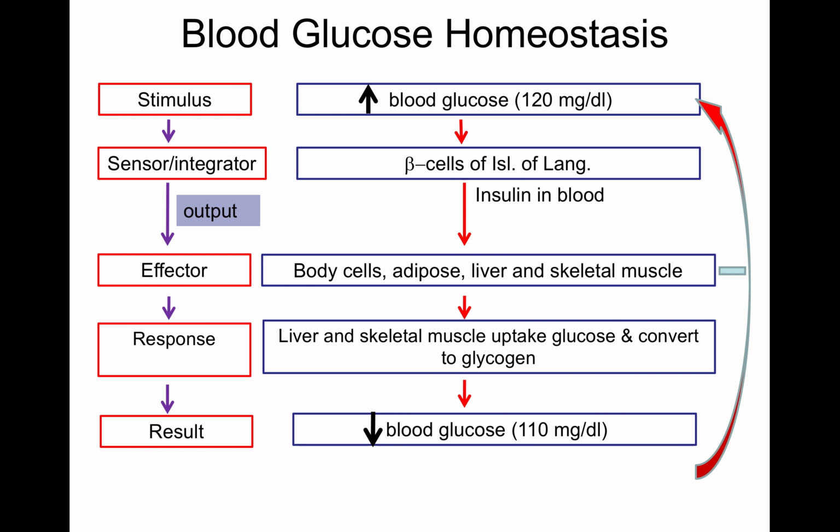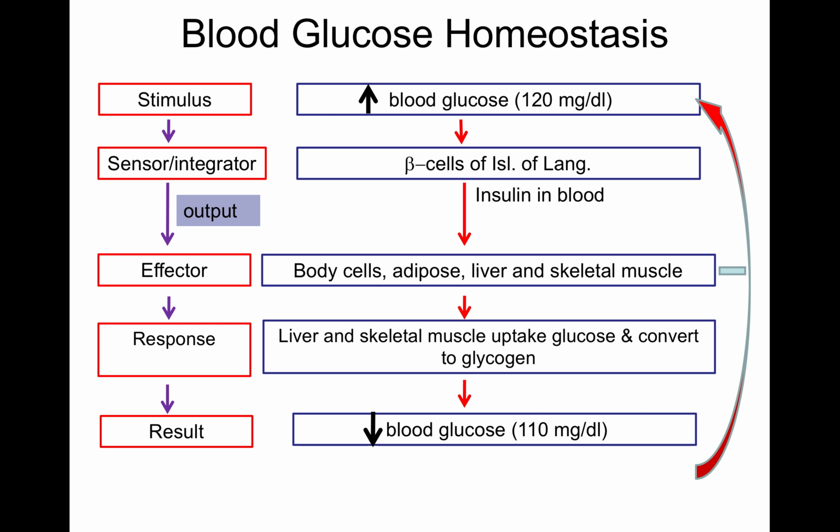Another example that I provided for you here, and you do need to know the numbers and the structures, is your blood glucose level that is also maintained through homeostasis. So the stimulus in this scenario is an increase in blood glucose level above a set point, which is 120 milligrams per deciliter.